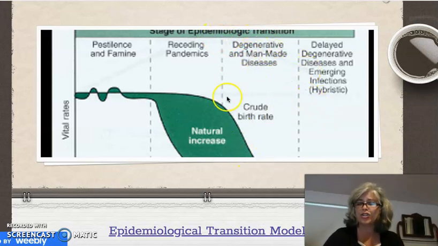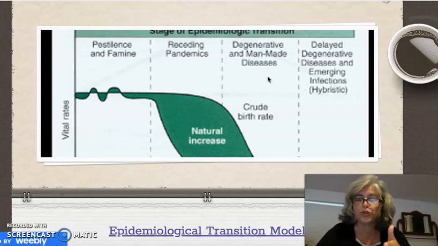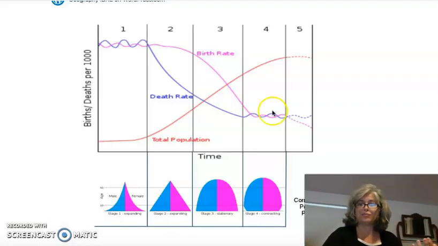And in stage 3, you see man-made diseases be part of the reason why the death rate levels off a little bit and doesn't continue to drop so sharply, because you've got that urbanization, and rapid urbanization does not allow for the infrastructure.